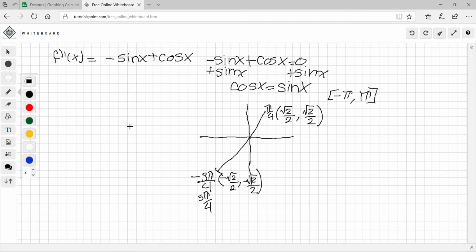So next step is graph the number line. Our boundary is from negative pi, right? So here's negative pi. Our next one is negative 3 pi fourths. And then our next one is positive pi over 4.